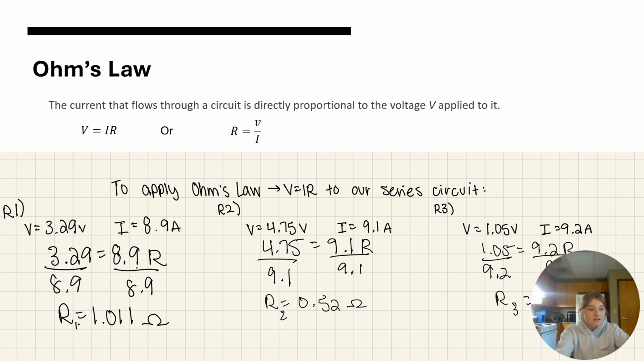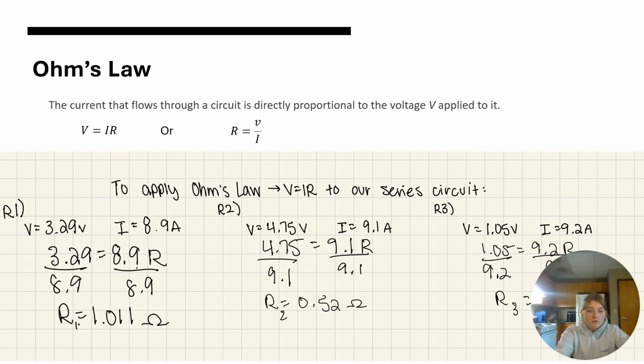So as stated, this uses voltage and current, which we already measured. For the equation V equals IR, we then have one unknown because we already measured voltage and current. So we don't know resistance.